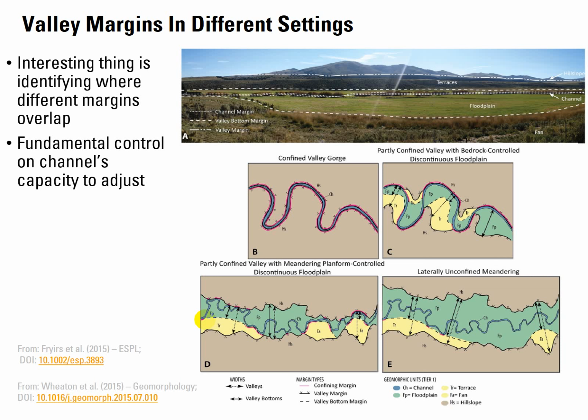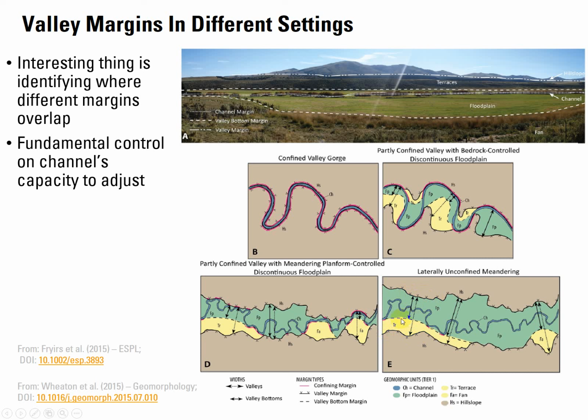So the really interesting thing when you do this sort of mapping is identifying where different margins overlap. And so what I mean by that is, it's one thing if you have a valley margin. So there's a valley margin here, and there's a valley margin here. This valley margin happens to be a valley margin and a valley bottom margin, whereas this one is just a valley margin.